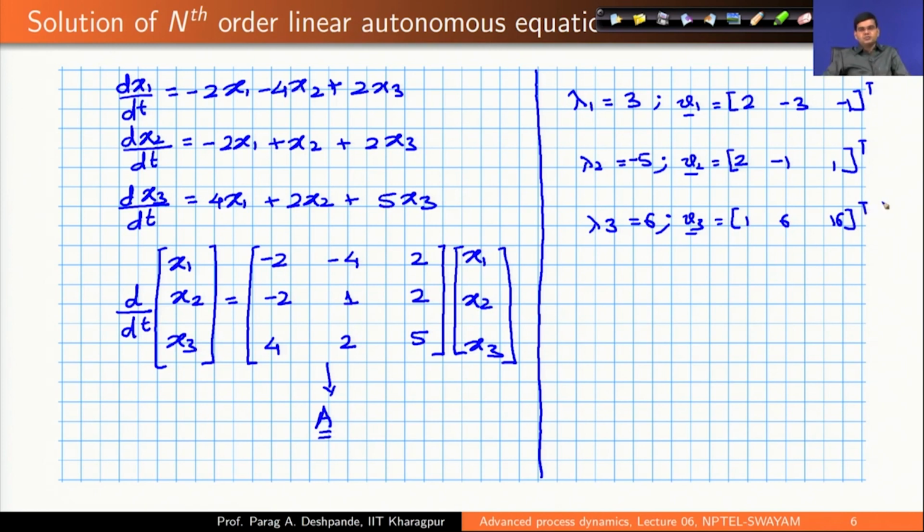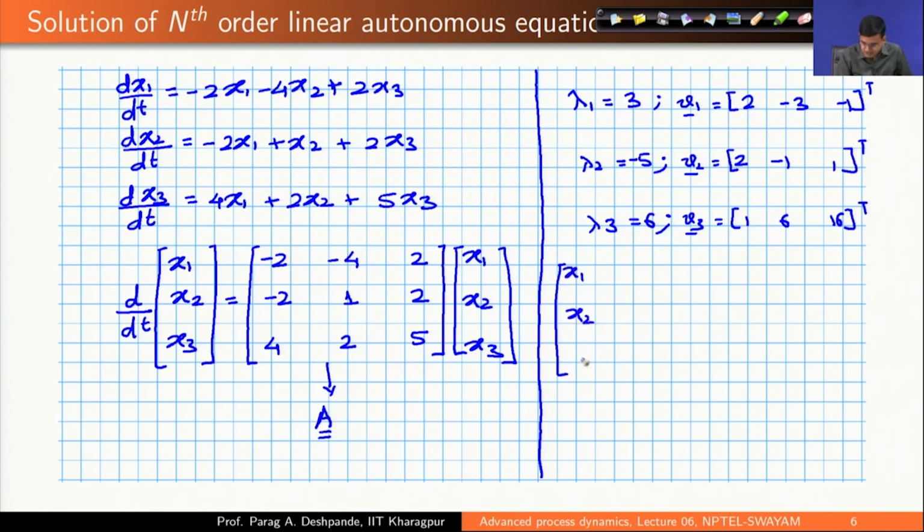I assume that you still remember the method to calculate the eigenvalues and eigenvectors of a square matrix. Please go back and try to recapitulate the method in case you have forgotten.